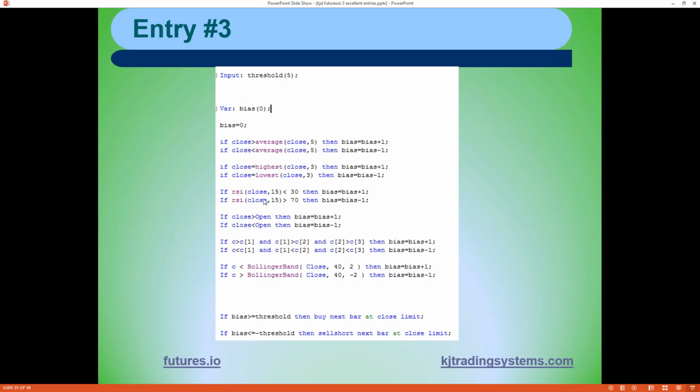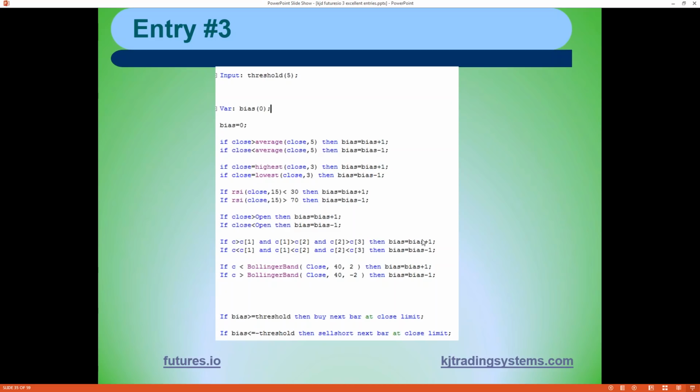Then I'm looking at the highest close. I'm looking at RSI. If the close is greater than open, that's a decent long bias. And there's a whole bunch of different things. I'm not going to go through them all, but the point is you put in little tests that, hey, if it's one way, that's a long bias. If it's the other way, it's a short bias. Then you add them all up, which is what this does.